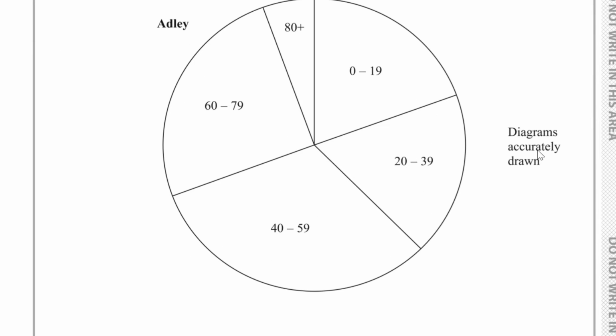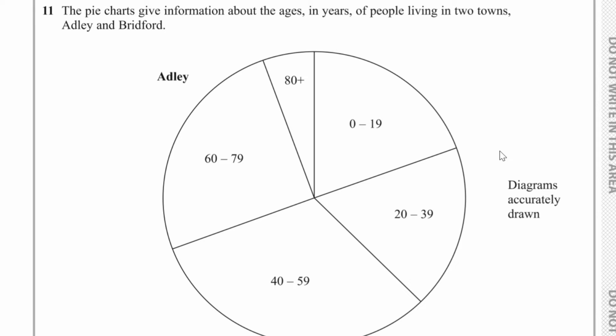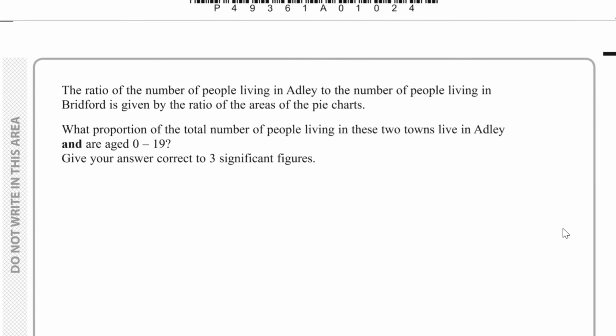Well, if the diagrams have been drawn accurately, what we can do in this question is go back and look at what we're finding. We're looking at the proportion of those who are aged 0 to 19 and those who live in Atley.